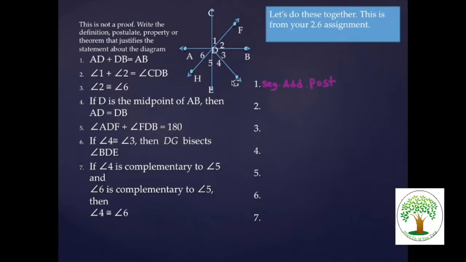All right. I want you to try number 2 by yourself. I'll give you about a minute. You look at number 1. If you need to mark it with your pencil, where's number 2? Where's C, D, B? See if you can figure out the answer for number 2.